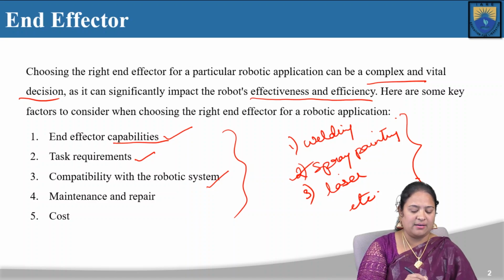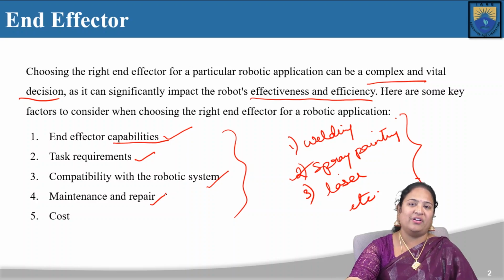Next, coming to the maintenance and repair. We have to take care that the end effector's maintenance and repair will be minimal in order to decrease the cost. The design should be done in such a way that there will not be much maintenance and repair constraints to the end effector. The design of the end effector should minimize the maintenance and repair, because as we all know, when there is a continuous task being done by the robot, after 1 or 2 weeks, the end effectors, the grippers will be worn out.